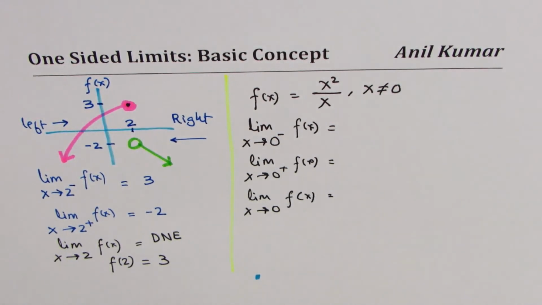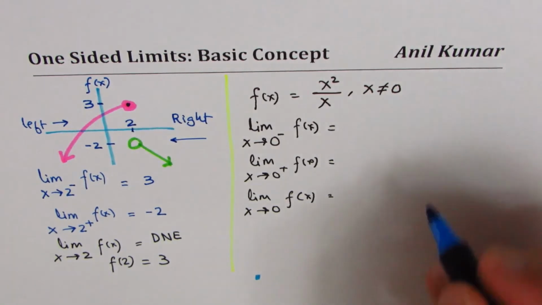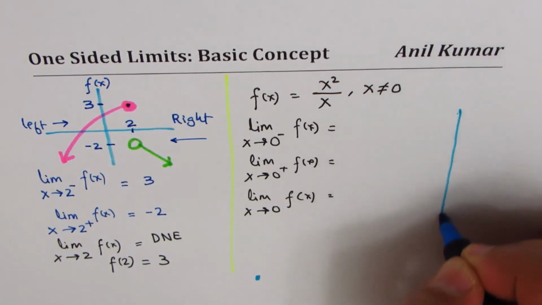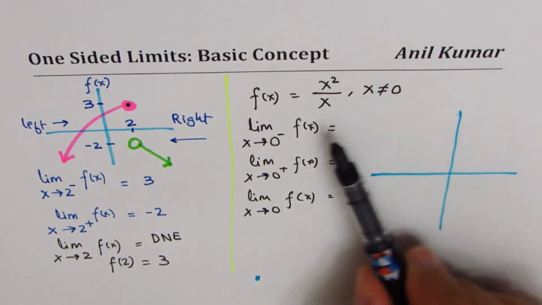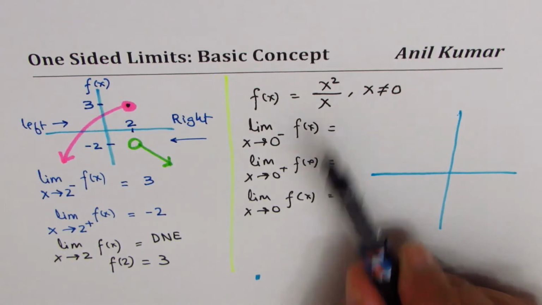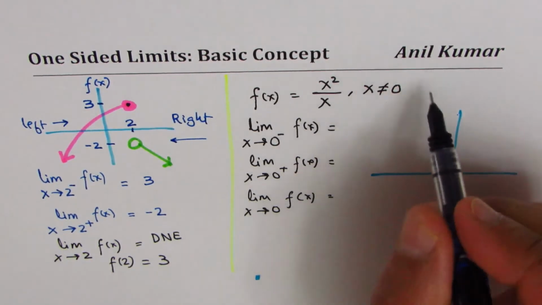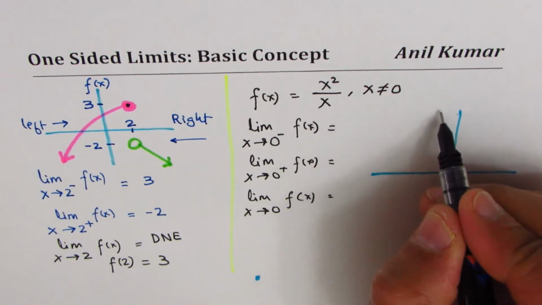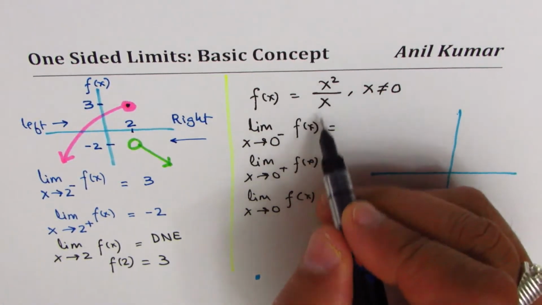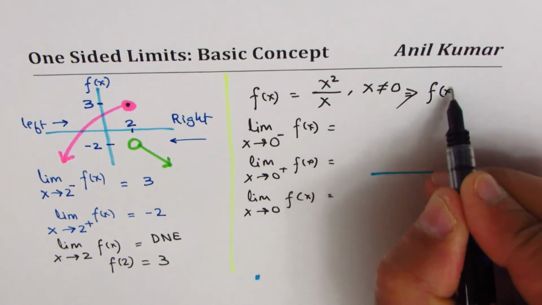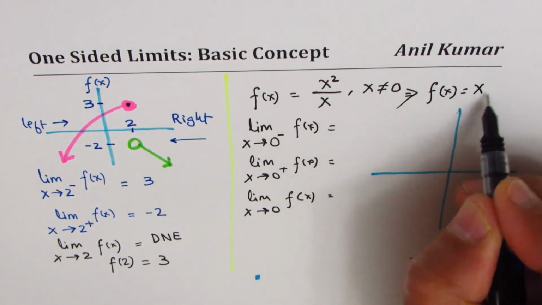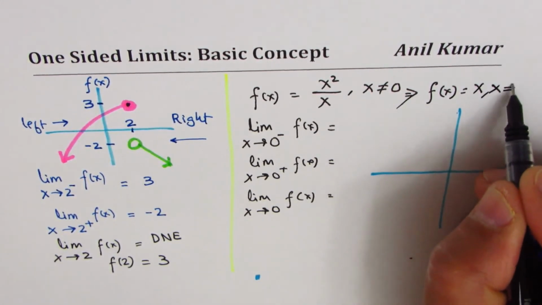Let's check it out. Well, the best way is to really sketch it and then write down the answers. So let's sketch it here, and we'll write down the answers. Of course at 0 it is not defined. So this function could be written as, if I cancel one of those x's, f of x is equal to x where x is not equal to 0.